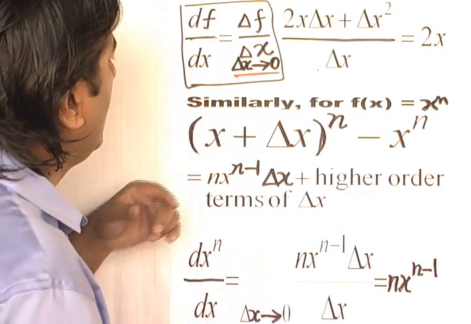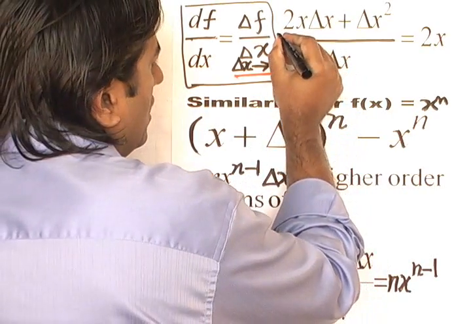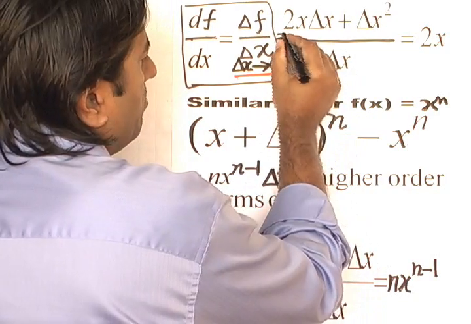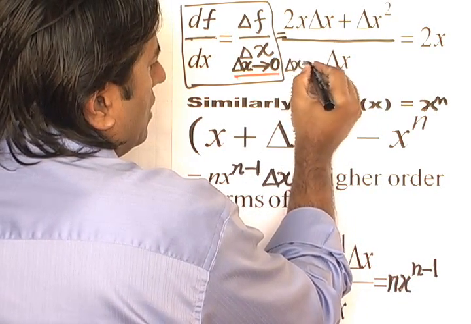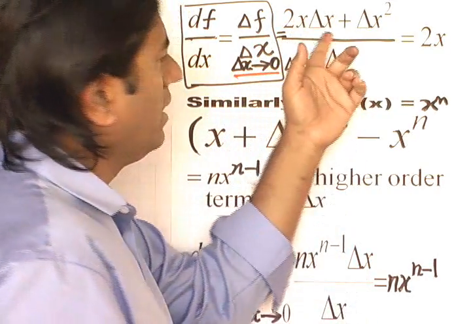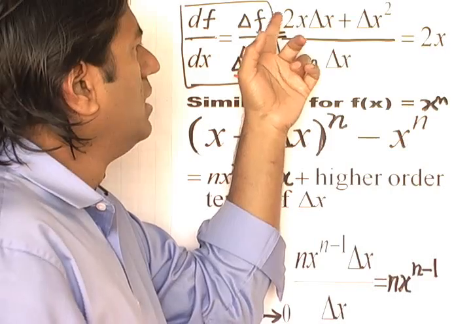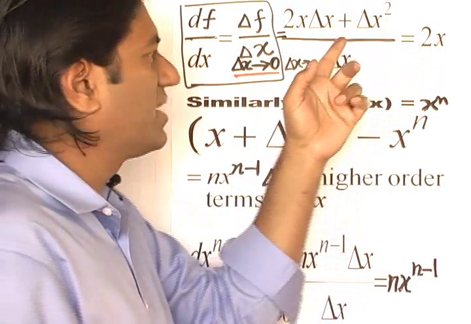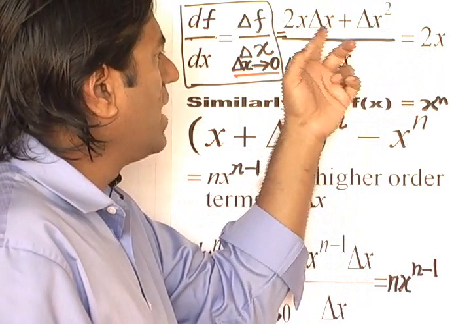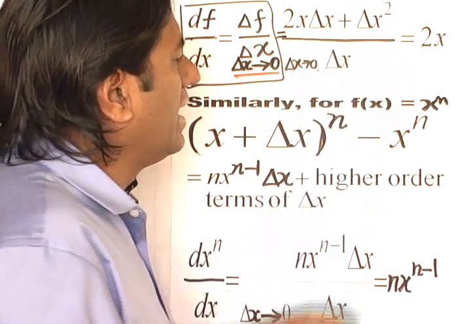Now this derivative for f equal to x squared becomes equal to, in the numerator we expanded the binomial and then we had an x squared and then a minus x squared, so the plus x squared and minus x squared cancel out and they leave 2x delta x plus delta x squared divided by delta x.